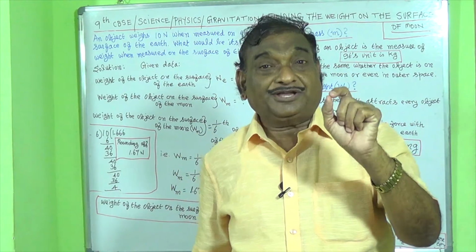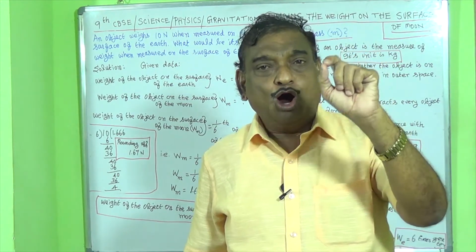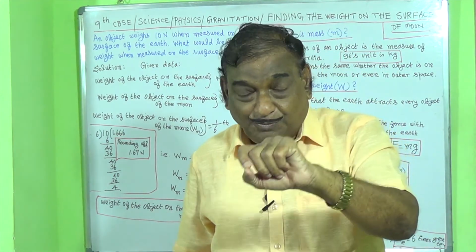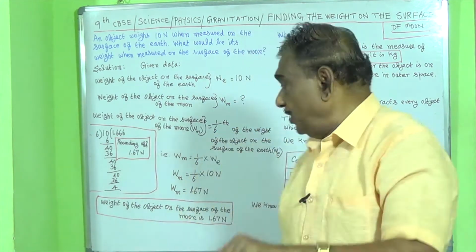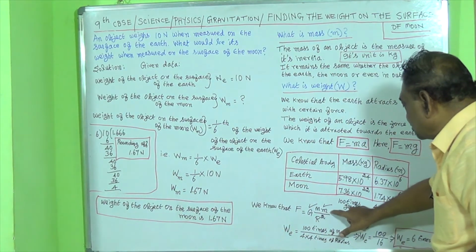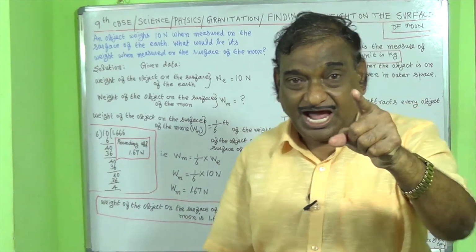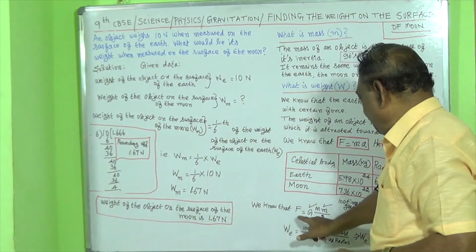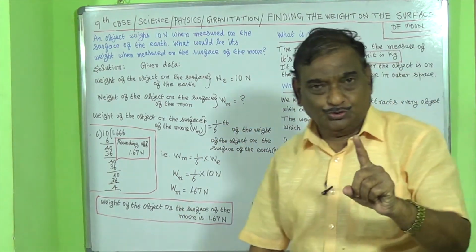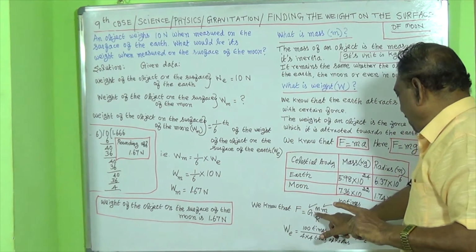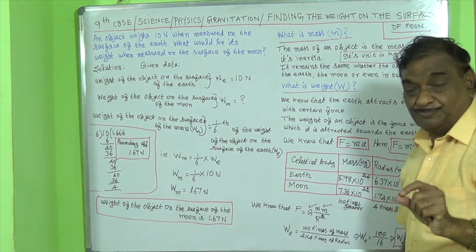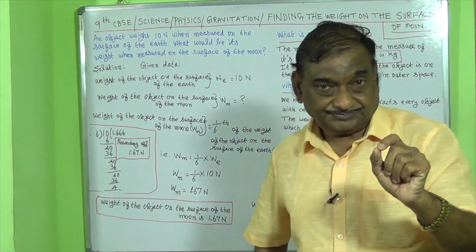The force of attraction between two objects is directly proportional to the product of the masses and inversely proportional to the square of the distance between them. That is F equal to G into capital M into small m by capital R square.